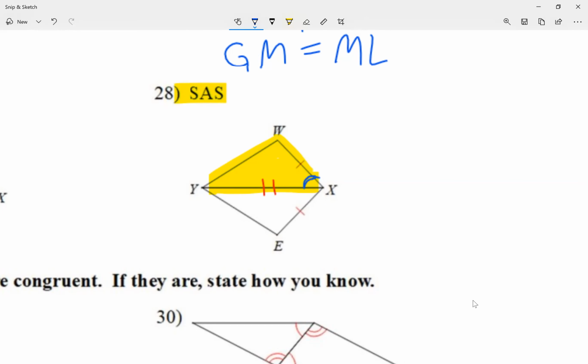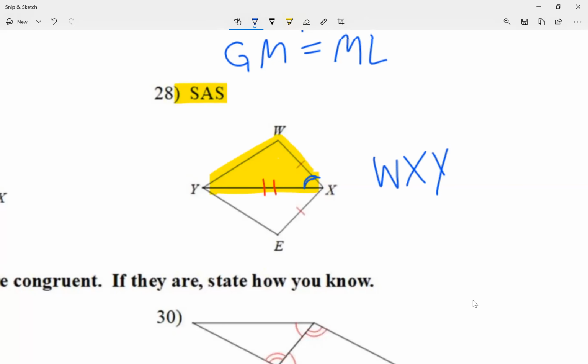Now, am I gonna use one letter only? Remember, for angles, I use 1 or 3 letters. If I just said angle X, do you know for sure which angle X am I looking at? No. Okay. So using the yellow triangle, I'm gonna use the 3 letters, make sure X is in the center. So I'm gonna call this WXY.